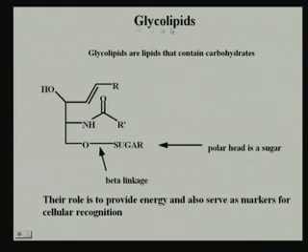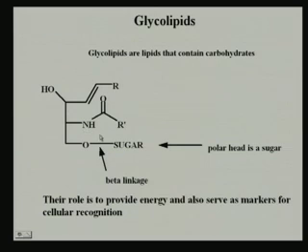Similar to that is another type of lipid called glycolipid, as the name itself indicates, glycolipids contain carbohydrate moieties within them. That means the sugar moieties are there, which are linked with beta linkages. As I have already told you, alpha linkages, beta linkages.